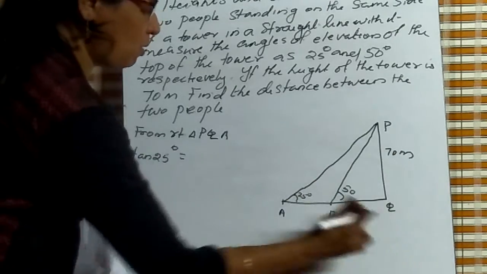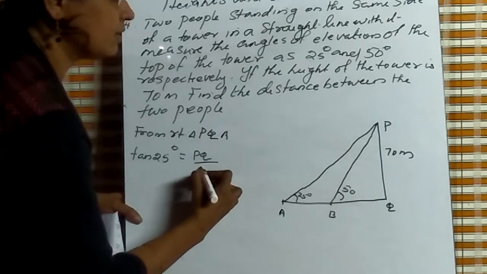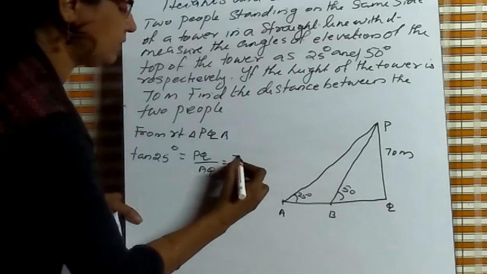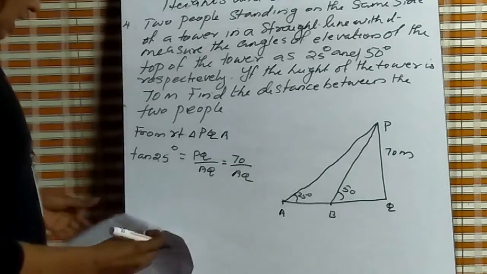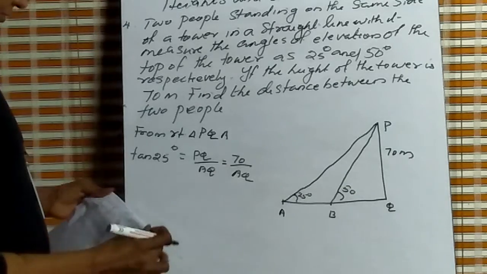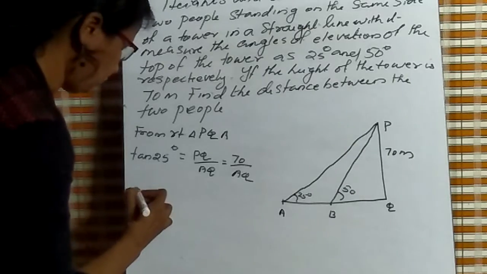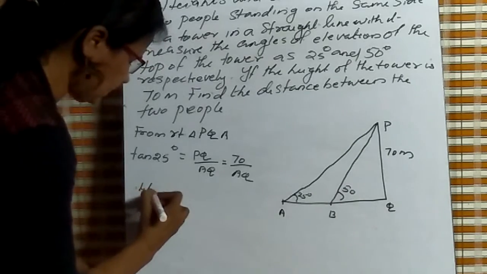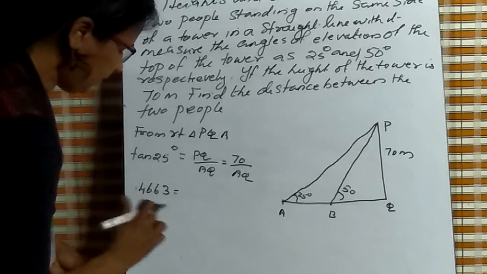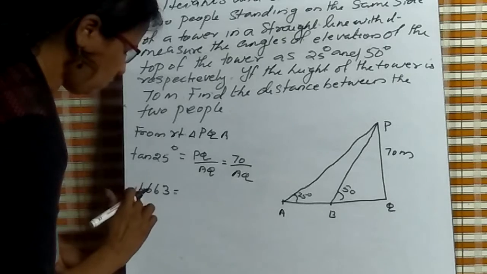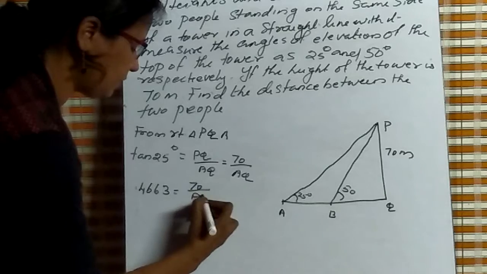Tan 25 is equal to opposite side by adjacent, PQ by AQ, equals 70 by AQ. From the natural tangents table, tan 25 is equal to 0.4663, equals 70 by AQ.